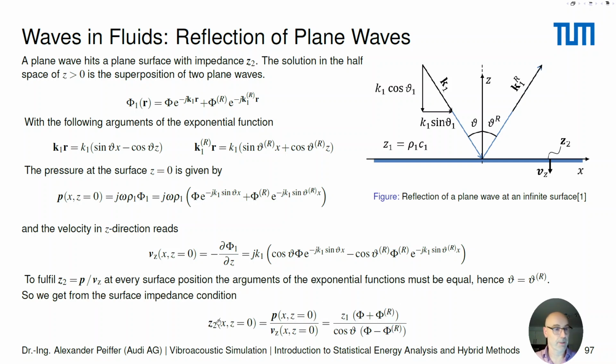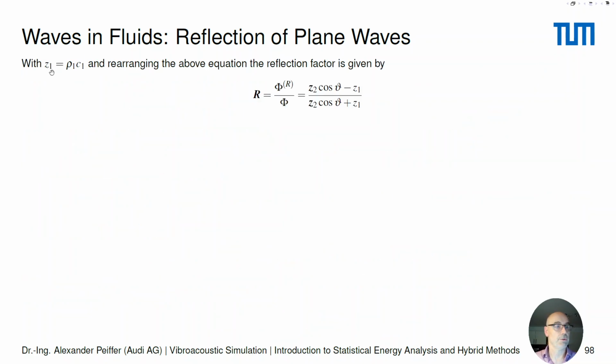So with this knowledge, we can calculate the impedance using the pressure and the velocity here, and then we get this solution for the impedance, and this is the expression that we get depending on the impedance on the upper area, the angle, and the incoming and reflected amplitude. So using that, we have in the upper area the characteristic impedance 1, and rearranging the upper equation, we can calculate the reflection factor out of this.